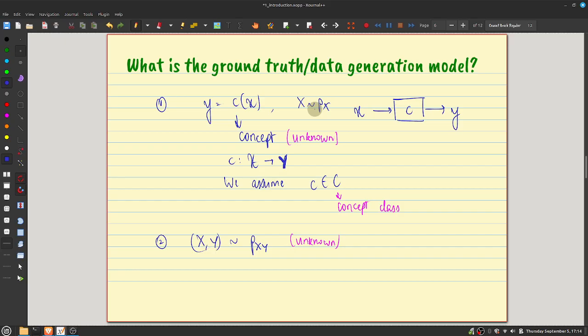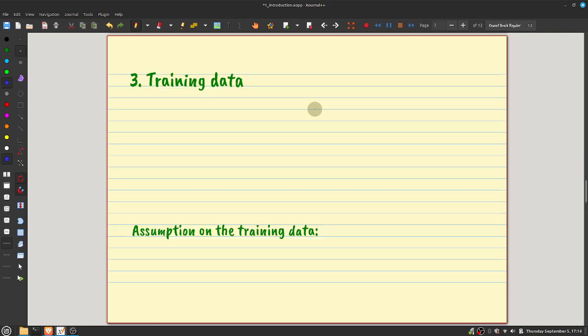All right, so that sort of sets up what the ground truth or the data generation model is. So this is representative of the ground truth. Now, as I said, in supervised learning, you get some training data. And the assumption in supervised learning is that you observe n samples, that is n instances along with their labels.